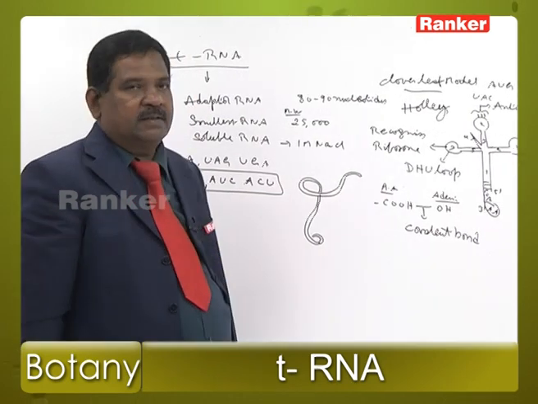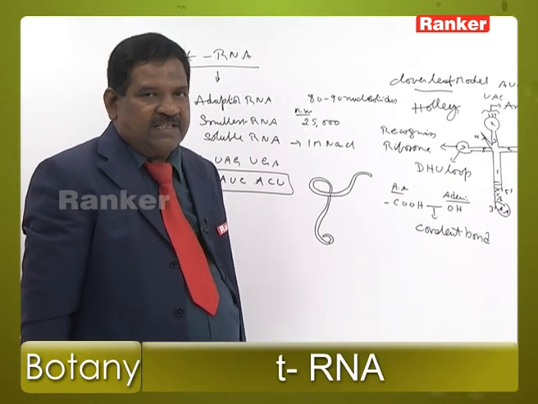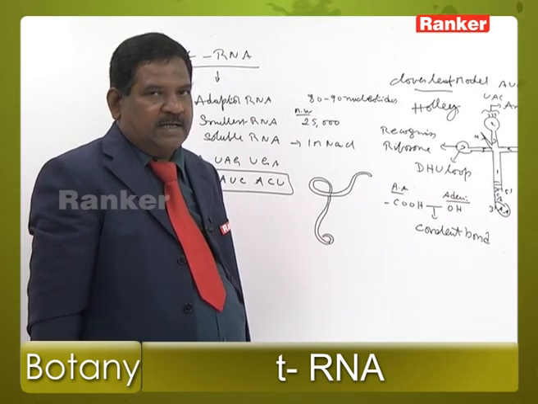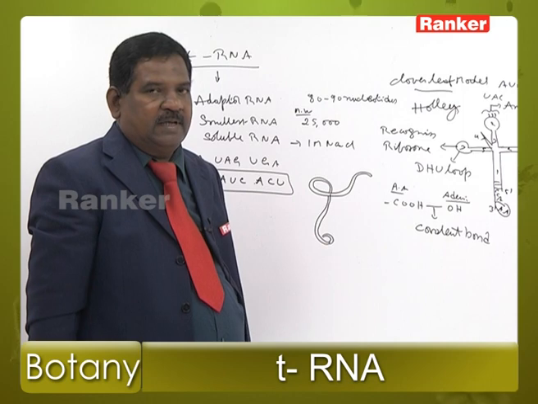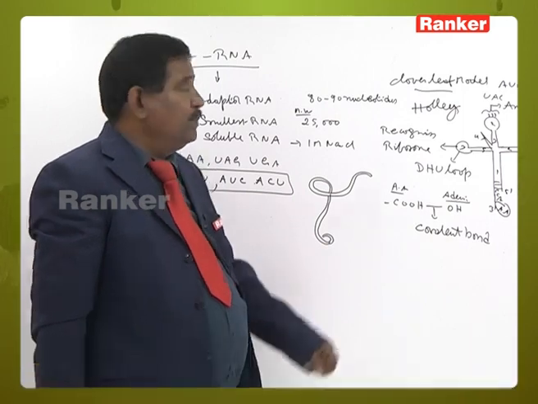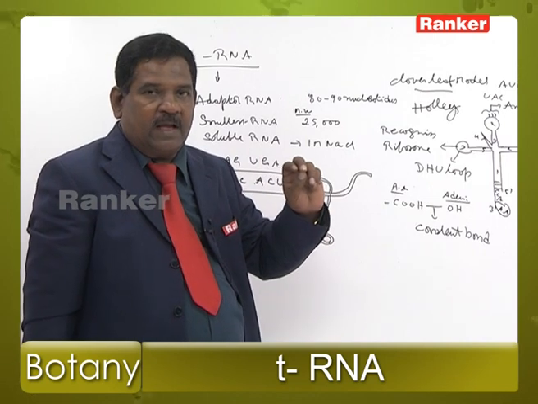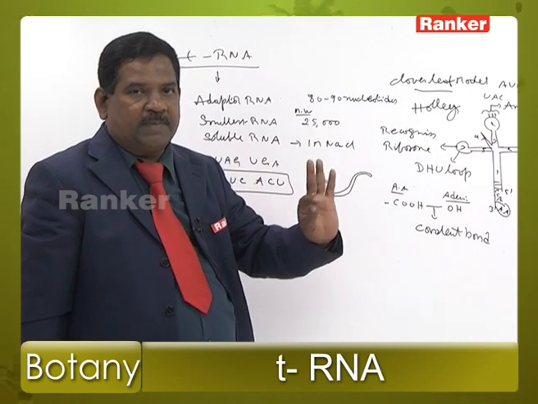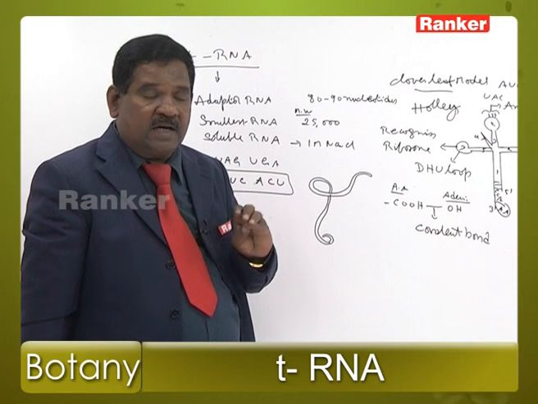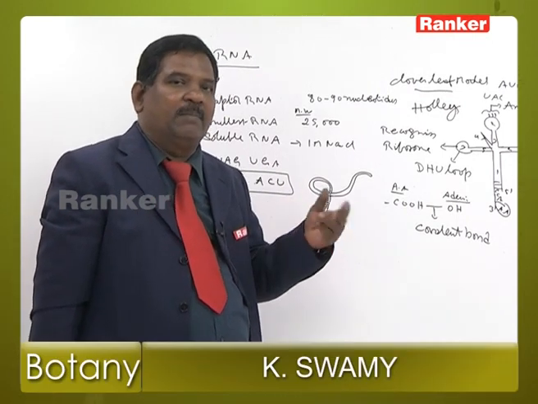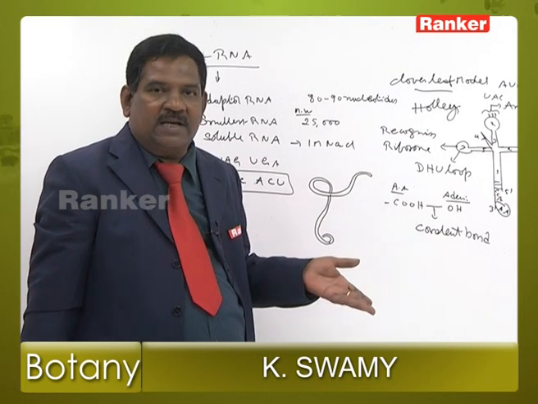Next one, translation. Transcription and types of RNA are completed, and the next one is translation. Based on the genetic information present on the mRNA, the formation of the polypeptide chain, the synthesis of the polypeptide chain in accordance with the genetic information present on the mRNA, is called translation.